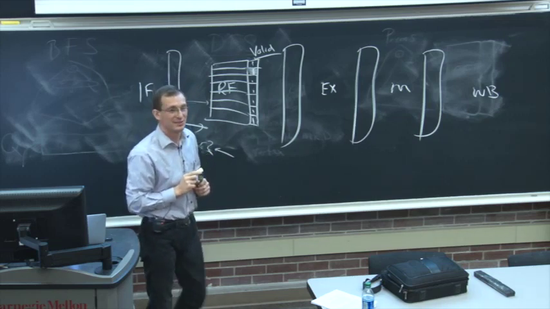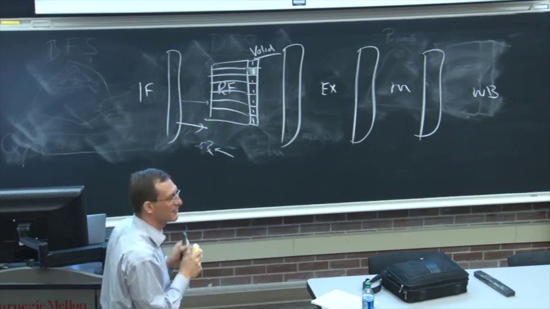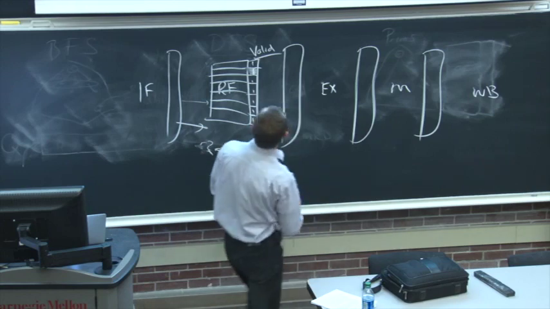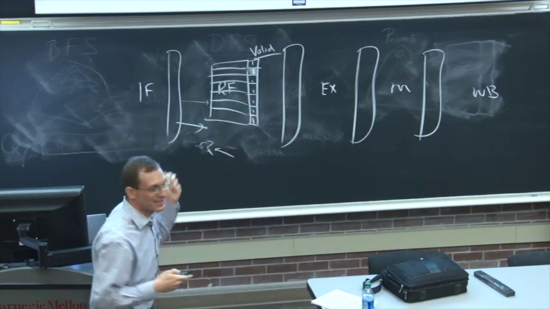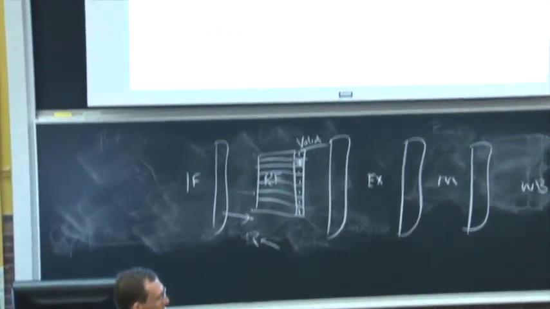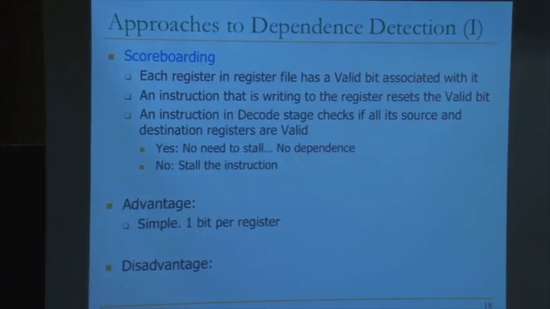Make sense? So it's a very simple way of detecting dependencies. You have valid bits, and you just check the valid bits and update the valid bits at the right place. What is the advantage? Well, it's simple. 1 bit per register. What is the disadvantage? Any guesses?